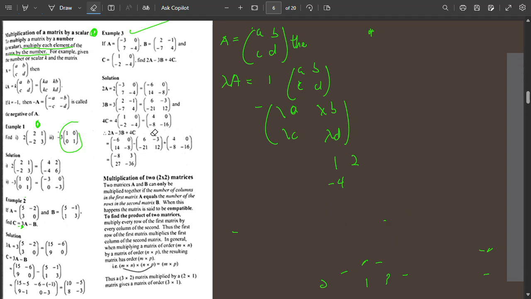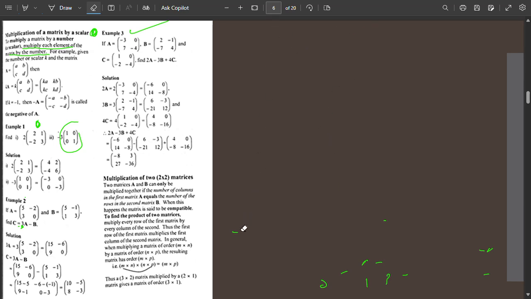The number of columns in the first matrix should be equal to the number of rows in the next matrix. Why do we need this to be so? If this is not so, our multiplication cannot be computed. It wouldn't be valid. It will not be possible to add those numbers. Right, so let's see what this means.